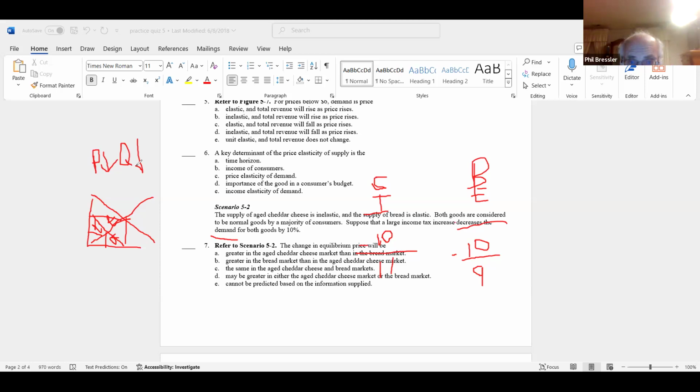Now, they might ask quantity. Same thing. Quantity is going to decrease in the cheddar and decrease in the bread. Did that help? Okay? All right. Sorry for the confusion. I need to figure out how to get it right on this. All right. Any other questions on 5?